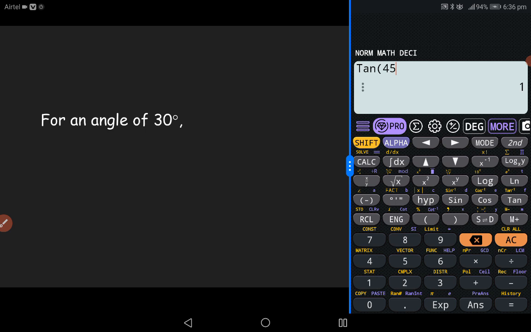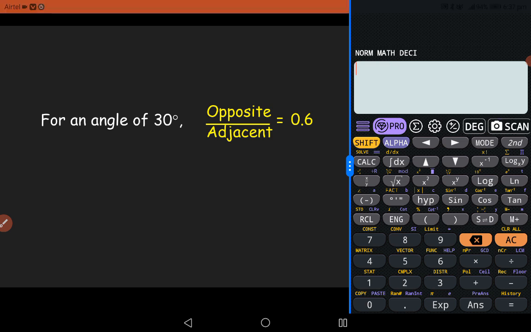So for an angle of 30 degrees, the opposite divided by the adjacent side was found to be 0.6, meaning that the tangent of 30 degrees is 0.6. You can check it in your calculator.